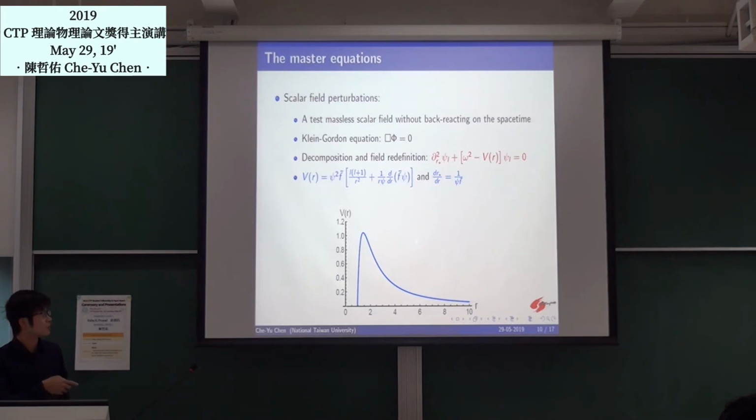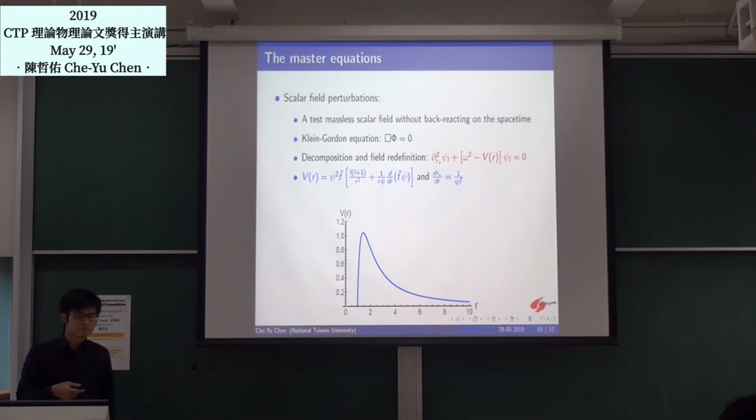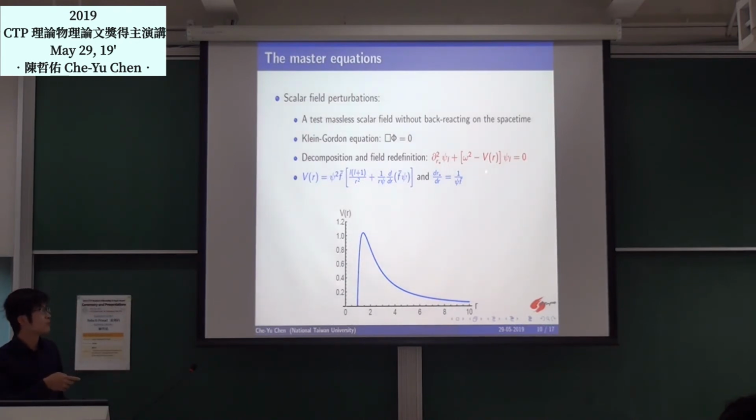And we just draw a potential like this. This point corresponds to the event horizon, and this is just the peak of the potential. I should say that in order to derive the quasi-normal modes, we can treat these equations as a scattering problem like in quantum mechanics, because it is very similar to the Schrödinger equation.